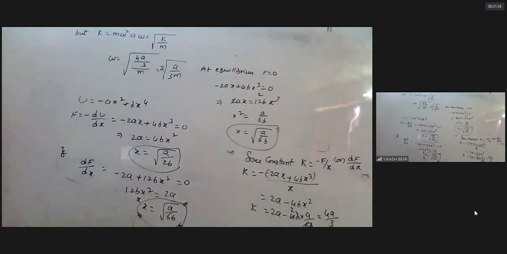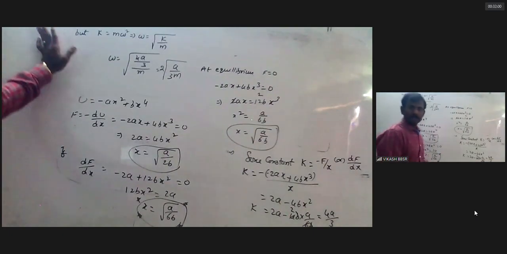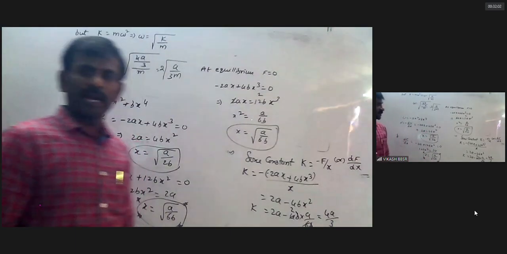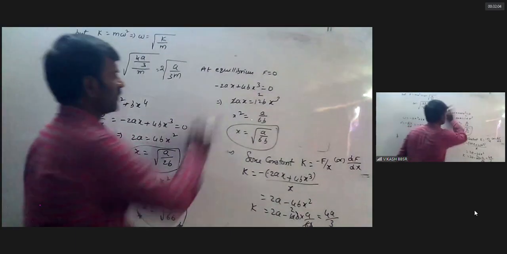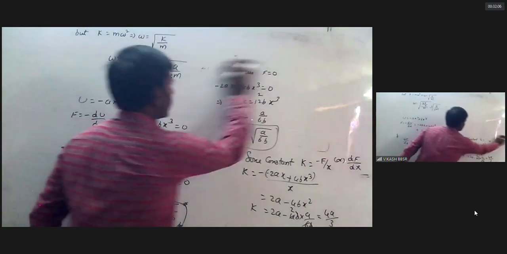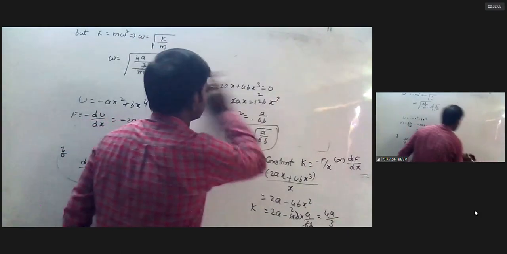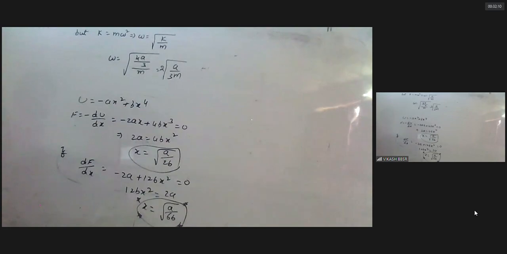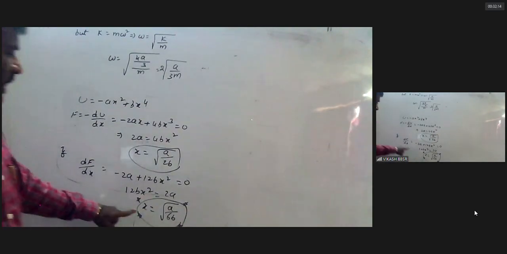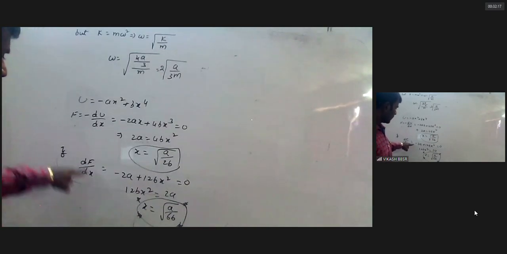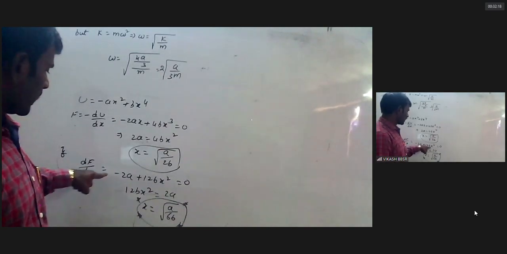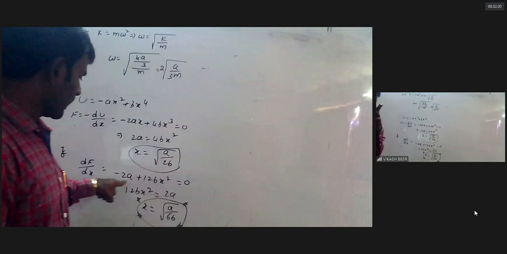a by 6b. So we have two conditions for the stable equilibrium. See now, df by dx equal to minus 2a plus 12b into x square equal to 0.